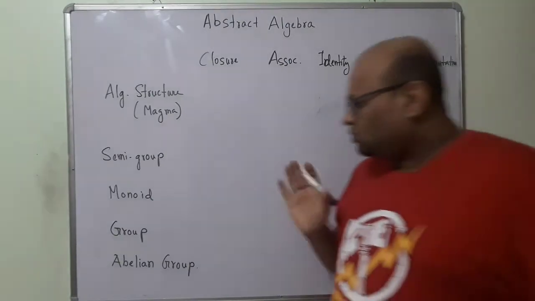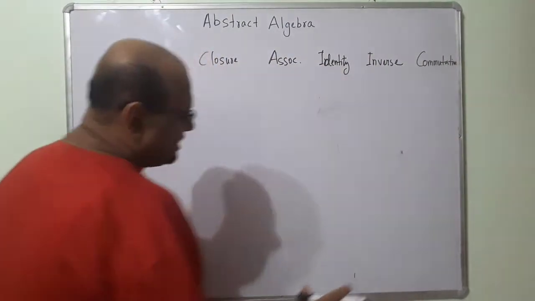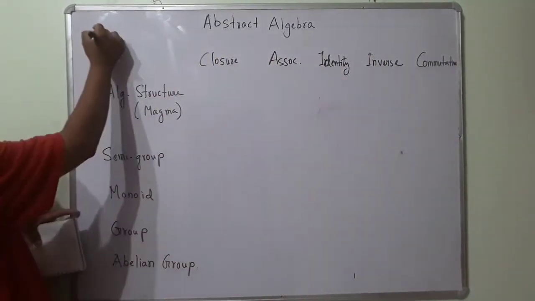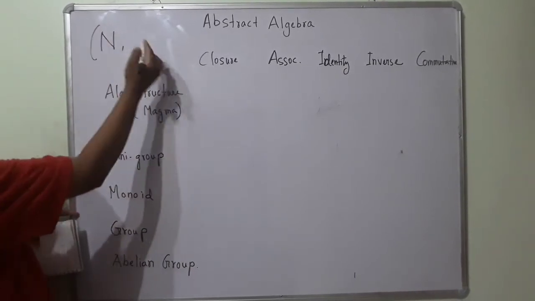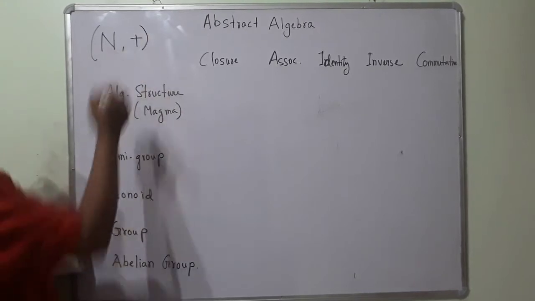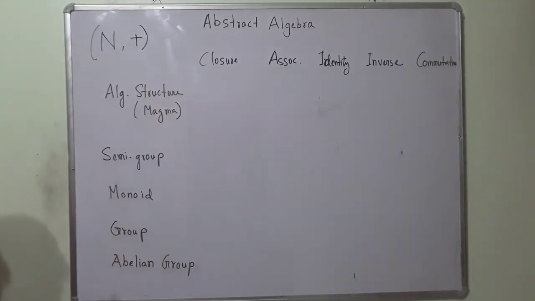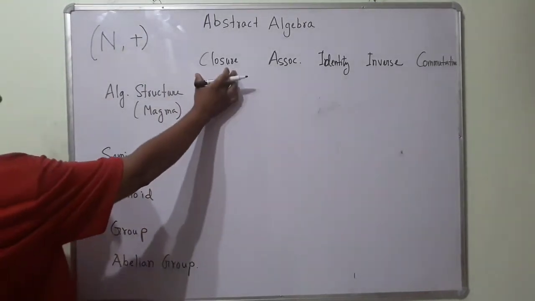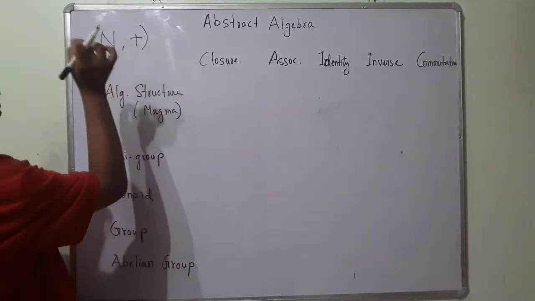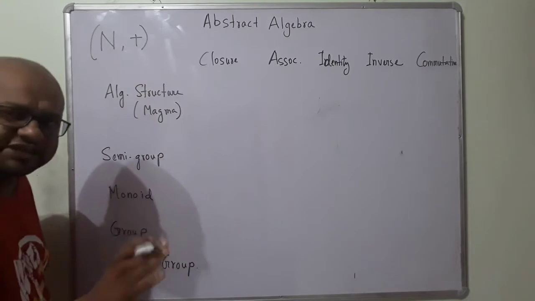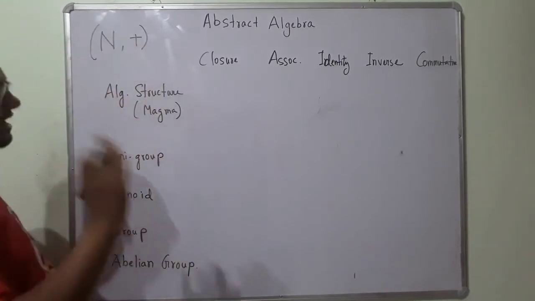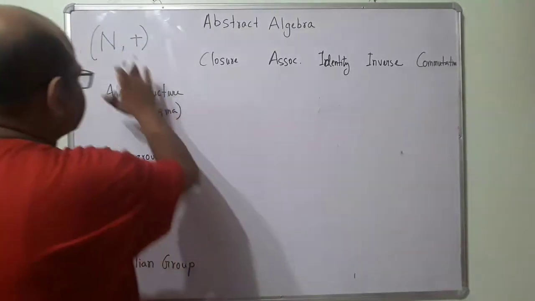I said we are going to study the properties of some set and some operation. So what does closure mean? Closure means when I do this operation on elements of this set, does the result belong to this set?